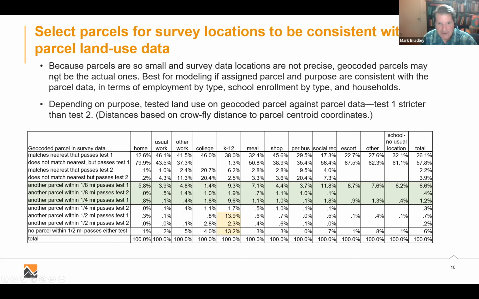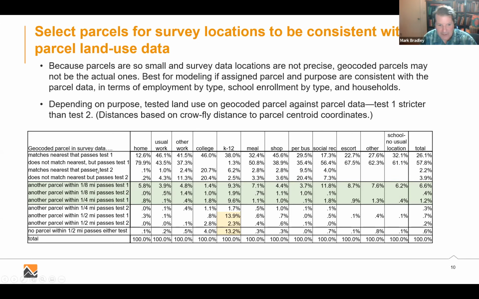And the parcels, the last part I talked about, was just moving parcels around. So we have tests for each purpose that say, does the land use at the parcel match the test?